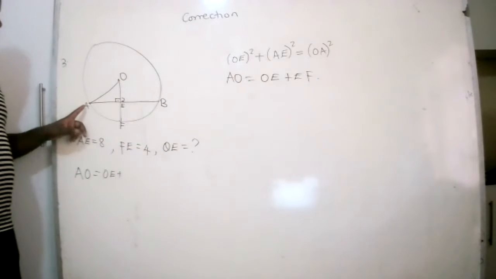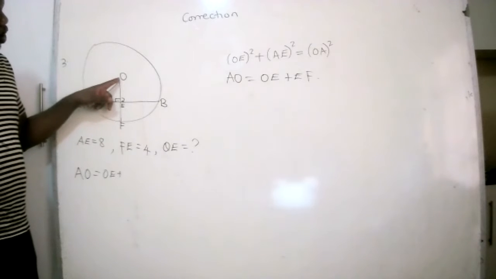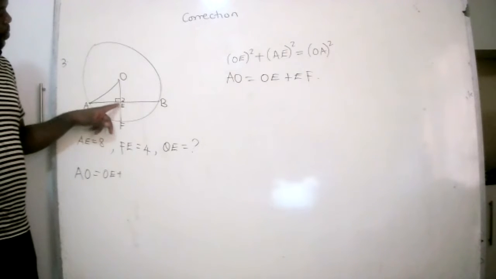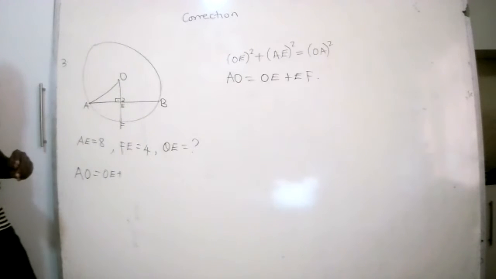So this side AO is the same as OE plus EF, because OE plus EF is the same as OF. Is that clear?